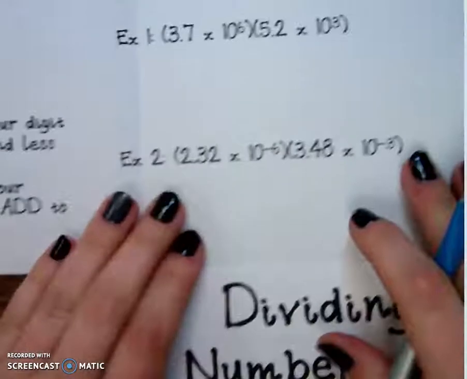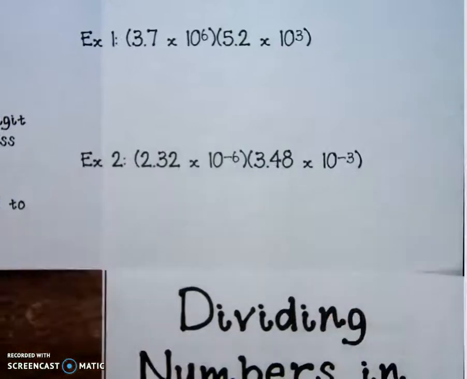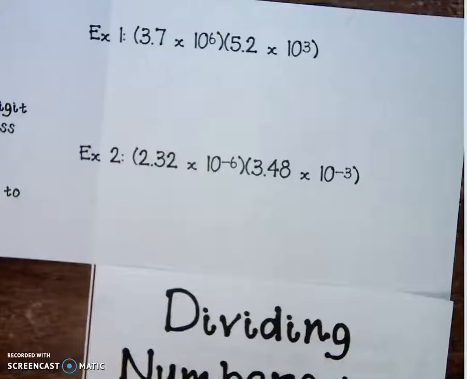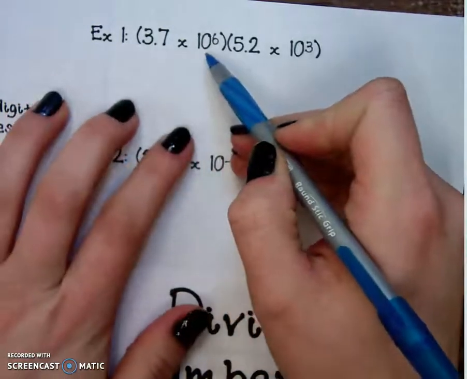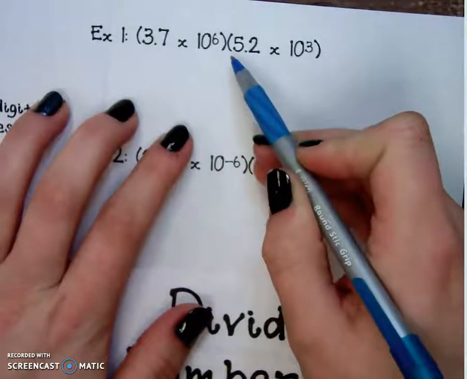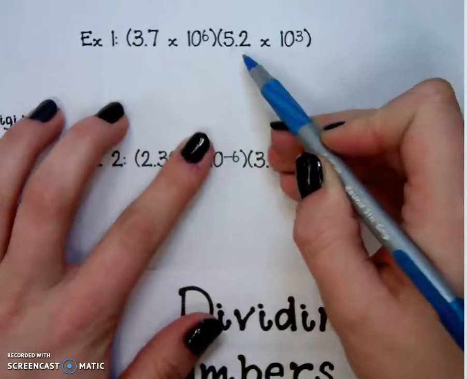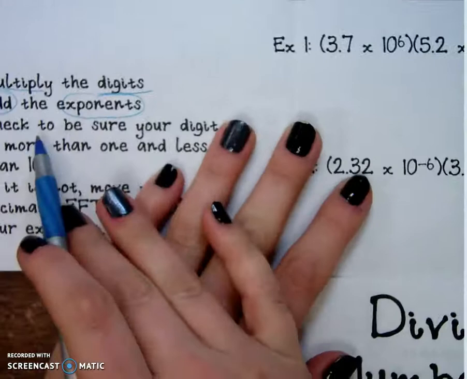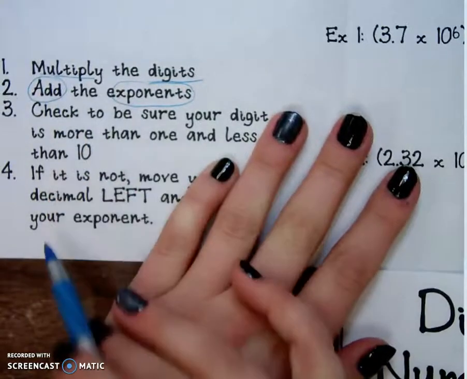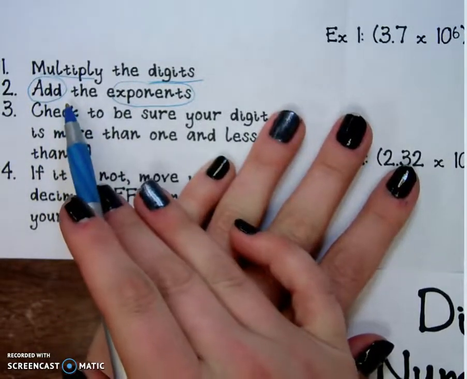So number 1, we have 3 and 7/10 times 10 to the 6th power, all multiplied by 5 and 2/10 times 10 to the 3rd power. So as our steps told us, we're going to multiply the digits.